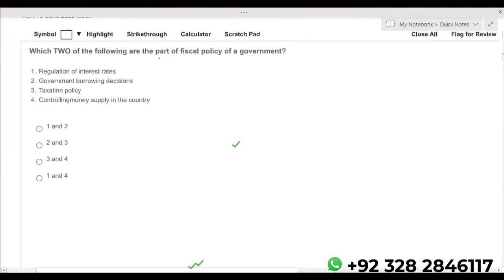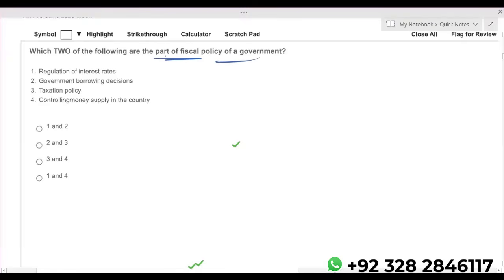Which two of the following are part of the fiscal policy of government? Basically, when we say fiscal policy, you should be thinking of taxation and government spending. When we say monetary policy, it relates to the interest rate and money supply.